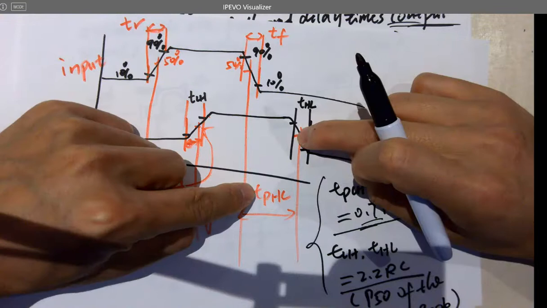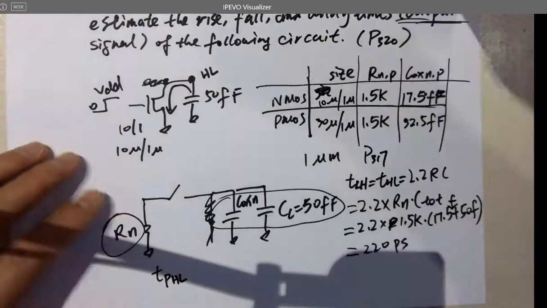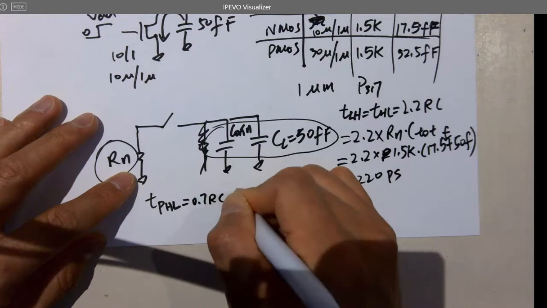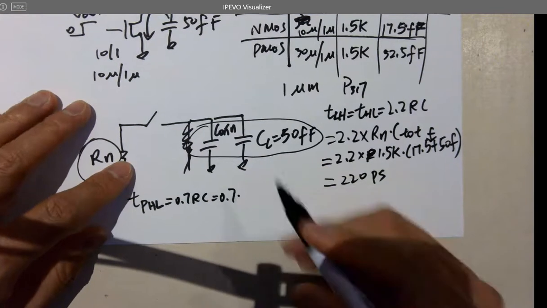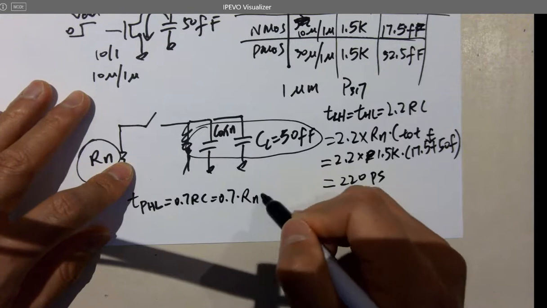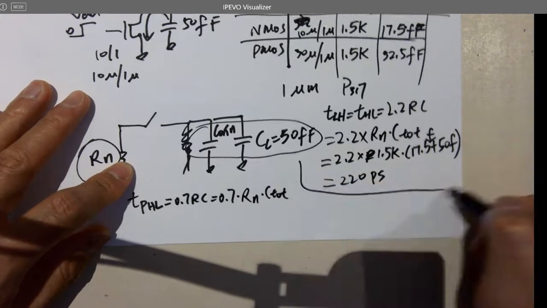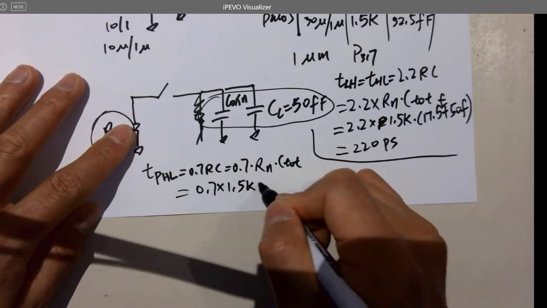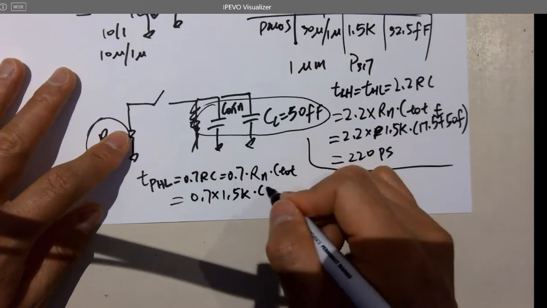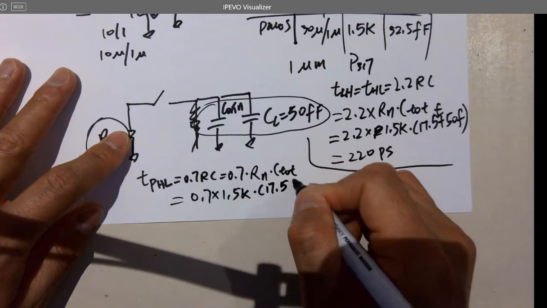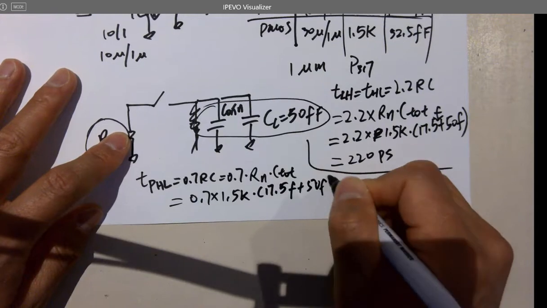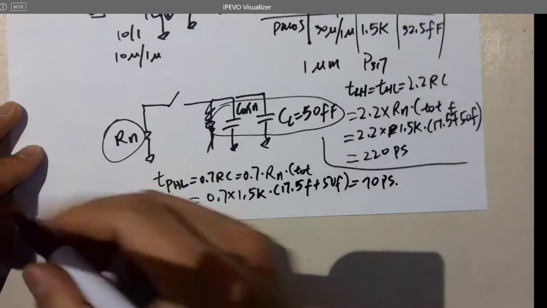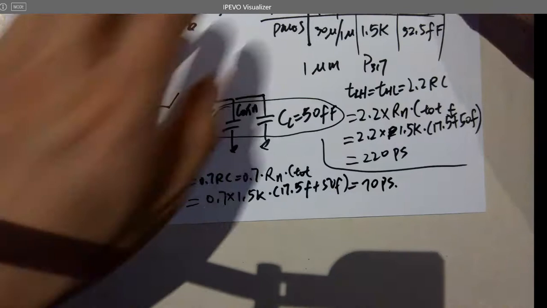So TPHL equals 0.7 times Rn times C total. So this calculation is pretty easy actually, 0.7 times 1.5K times C total, which is 17.5 femto plus 50 femto. And eventually you're getting somewhere around 70 picoseconds. It's very trivial.